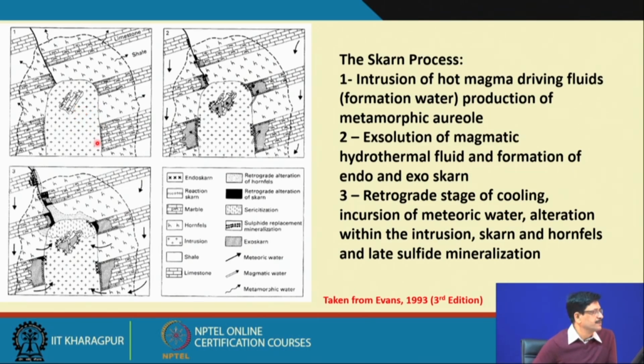So, when this intrusive body is emplaced within a sequence of these rocks, the first thing it does is drive out the pore fluid or any of the lower temperature, even meteoric fluid, from these sediments, and then gives rise to the skarn formation, the contact metamorphic formation, which forms what we can call a metamorphic aureole.